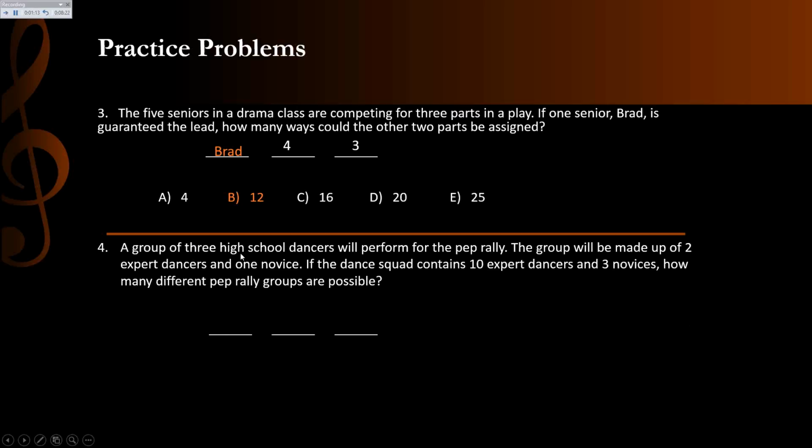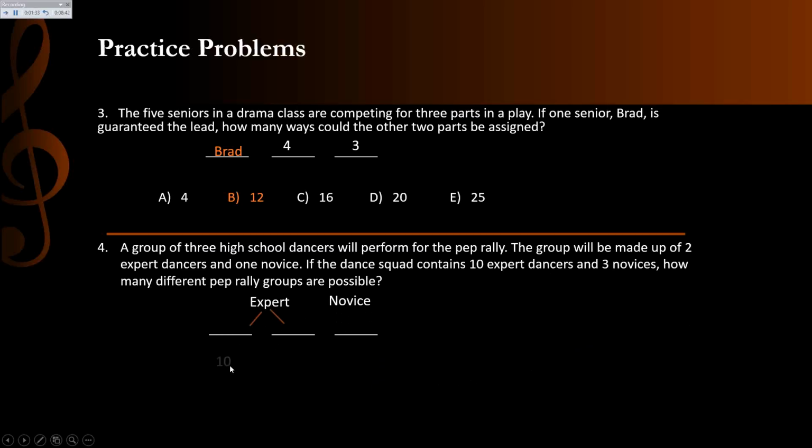It said there were going to be 3 high school dancers. It would be made up of 2 expert dancers, so I need to identify that. So my expert dancers are going to be those first 2 blanks, and I had 10 to choose from. And then this last blank here was going to be a novice.